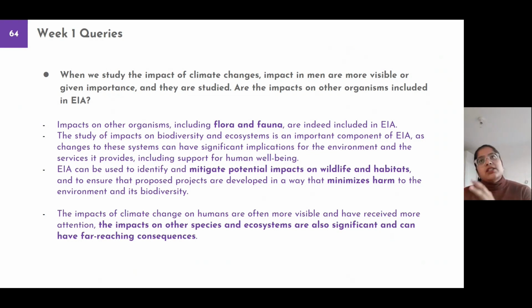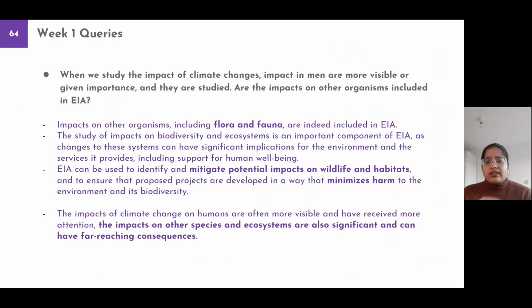This changes the dynamics between the existing food cycles and the food webs, because interactions between species which were not interacting before start happening. So we see these interactions happening, and these are quite visible.